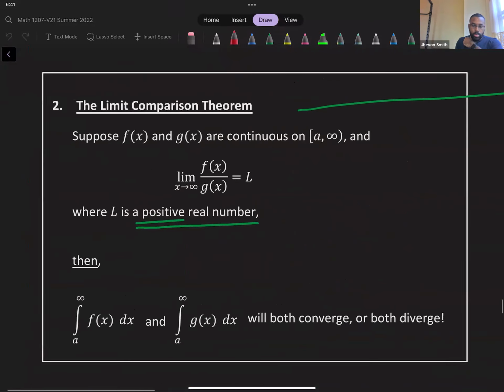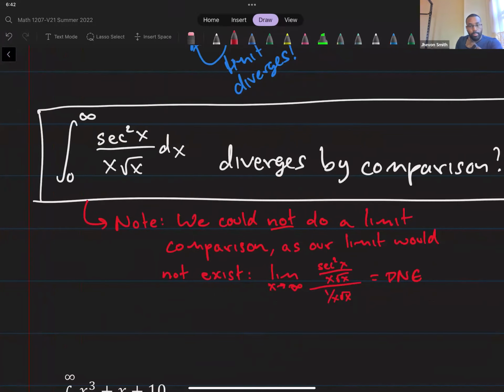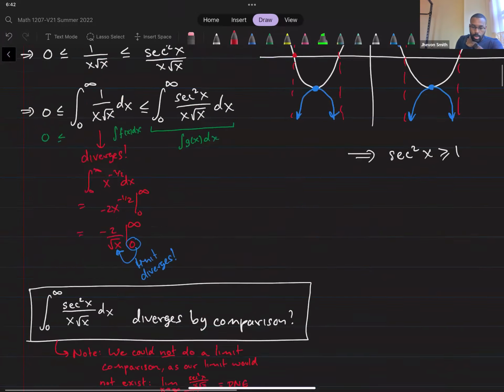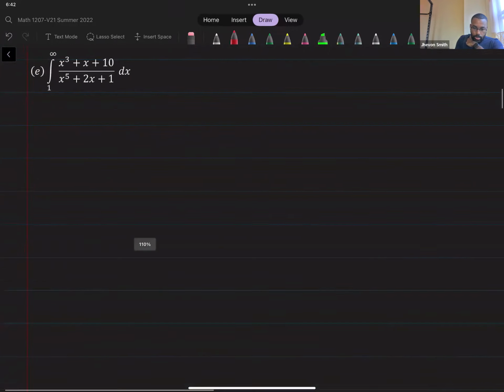So this has to be true and that has to be true. So we can't actually apply the limit comparison test here. So yeah. What about this one?